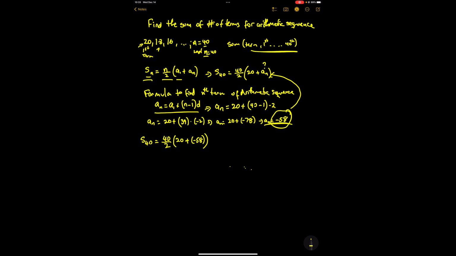Now, do you see exactly what's going on? This is what they were asking you to do. So what is S40? S40 is equal to 20 times, 20 plus negative 58, which is negative 38. Now, what is 20 times negative 38? Well, it's very easy. 2 times 38 is equal to 76, so it will be negative 760.